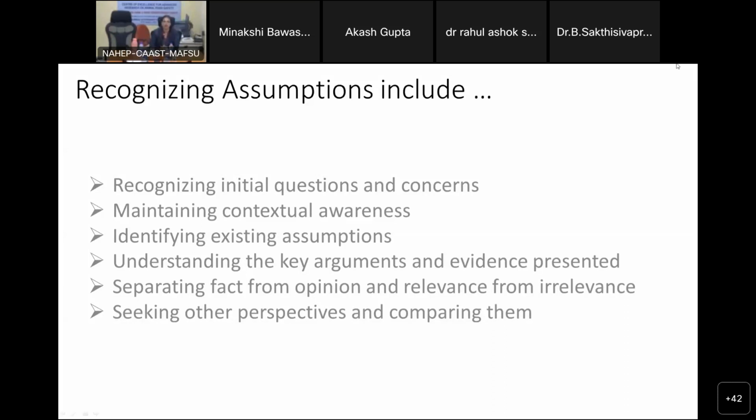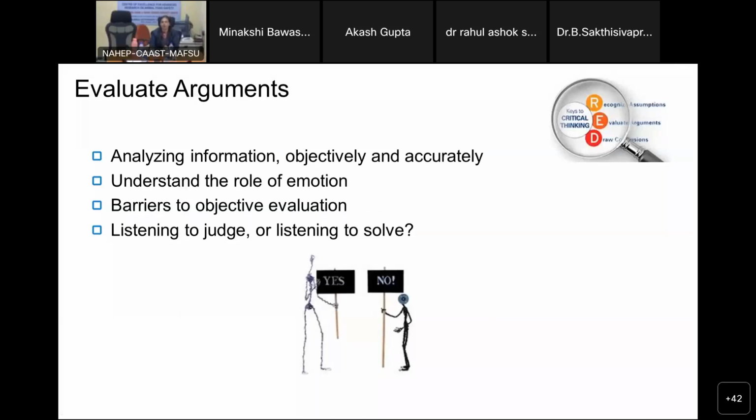Okay? So this is how you should be recognizing assumptions. And then you also need to evaluate your arguments. You need to analyze the information, whether the objective is accurate. Because when we initially started the argument, you were giving me reasons why they should not go, why they should go. There was confusion in understanding the scenario.